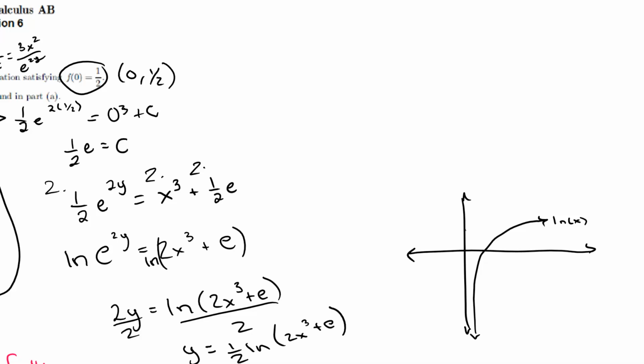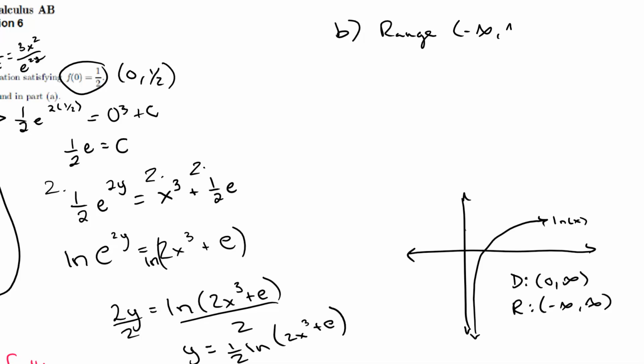The parent function has a domain of 0 to infinity because we can't put in 0 or negative numbers, and a range of negative infinity to infinity. So my range here, regardless of how I move natural log up and down, left to right, is still going to be all real numbers, or negative infinity to infinity.